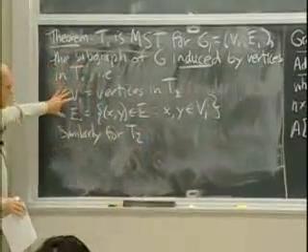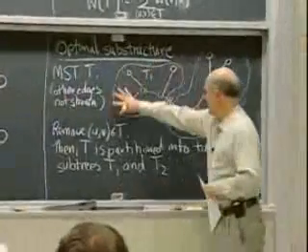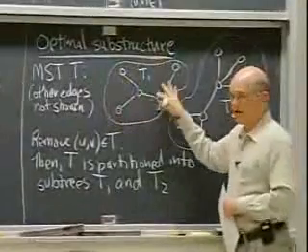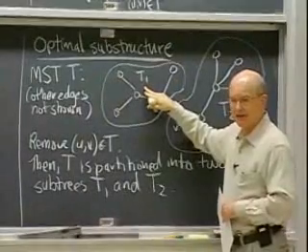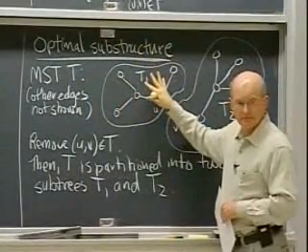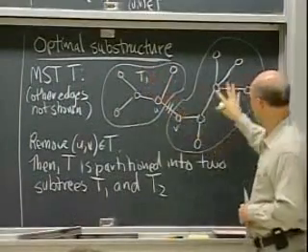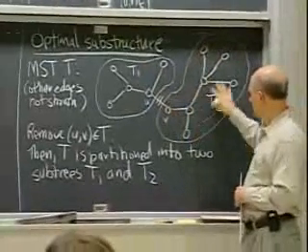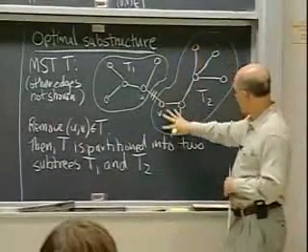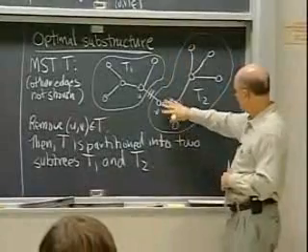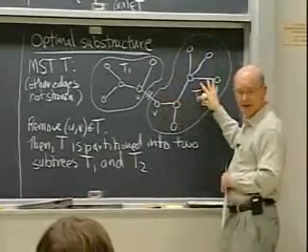So the theorem says that if I look at just the edges within the graph G1, those induced by these vertices, T1 is in fact a minimum spanning tree for that subgraph. Correspondingly, if I look at the set of edges induced by the vertices in T2, T2 is a minimum spanning tree on that subgraph.